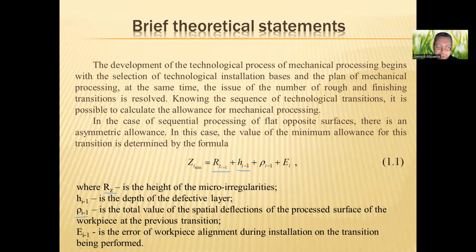Rho sub i-1 is the total value of the spatial deviations of the processed surface of the workpiece at the previous transition. And the last one, E sub i, is the error of workpiece alignment during installation on the transition being performed. Please write down in your notes this formula and these sentences.